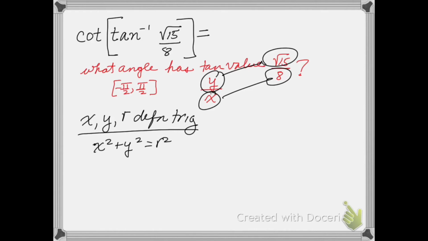So I'm just going to talk through this and say that the inverse tangent of rad 15 over 8 is some angle that has a y value of rad 15 and x value of 8. Well, what's the cotangent of that angle? The cotangent of any angle is x over y. So this is actually 8 over rad 15. That's x over y.